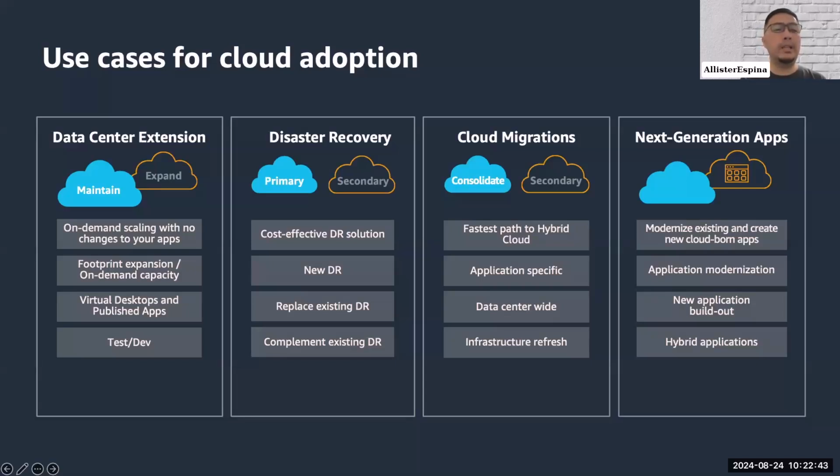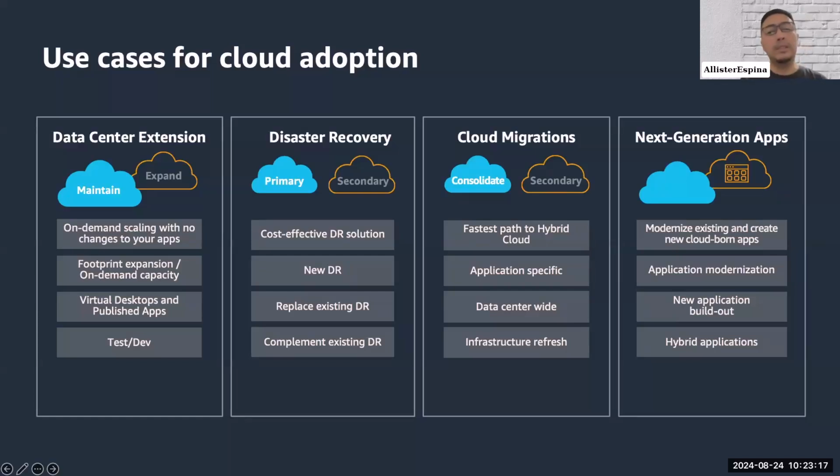Similarly, in large organizations, instead of building new data centers, they can go to the cloud to expand their capacity. And then also, they can turn to cloud for building a test or development environment rather than buying servers again or building more capacity in the existing data center, you might as well consider cloud for your test and dev environments.